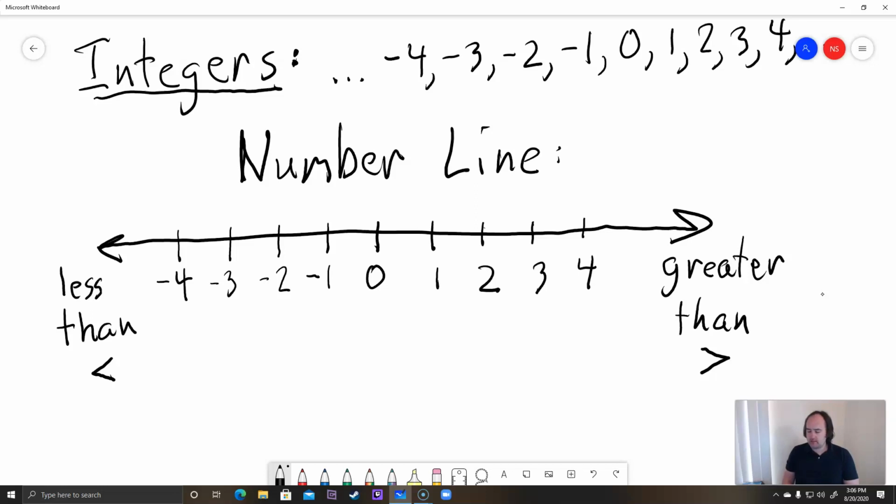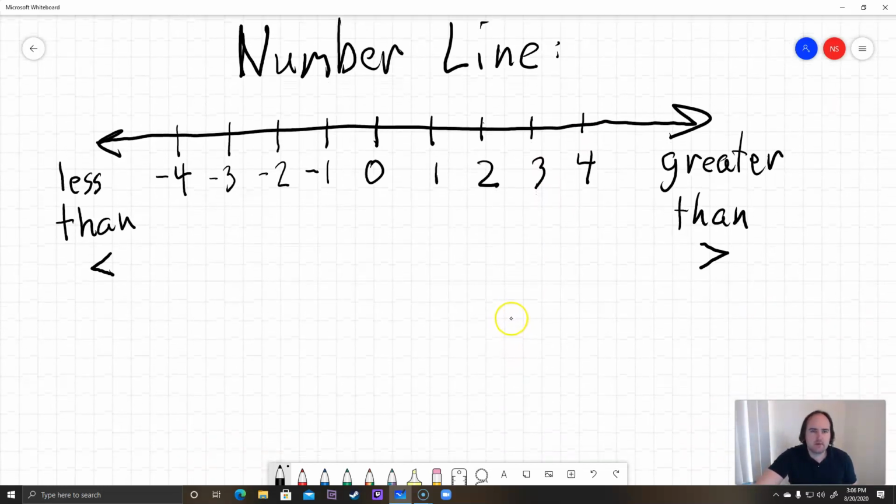Okay, so what does that mean? Well, that means that if a number is to the left of another number, it's less than, whereas if a number is to the right of another number, then it's greater than. Okay, so let's see an example of this.